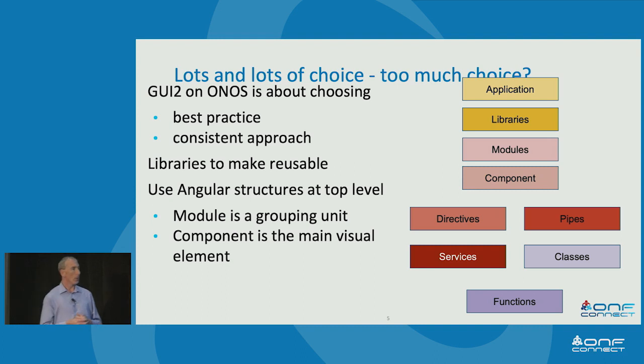I guess you could look at web development and say there's lots of choice, but there's too much choice. What I try to do in GUI2 is take a single consistent approach, and obviously try to follow best practice with it. What I have here in the yellow boxes are top-level structural things.